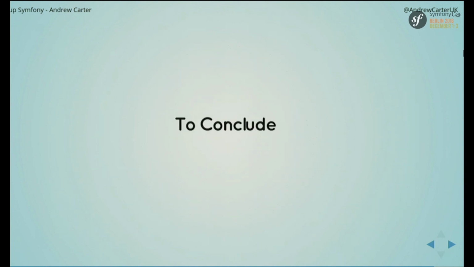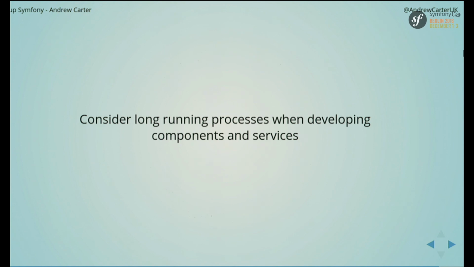In conclusion, when you're writing code, consider that components and services might want to use that code in this kind of way. It's not the case that in 5 years' time we can guarantee that all PHP applications will be run in a shared nothing architecture.